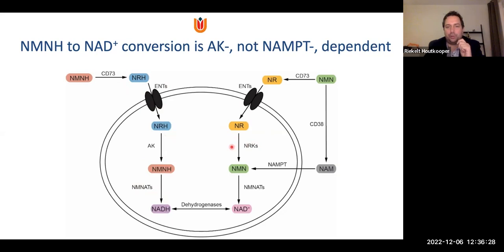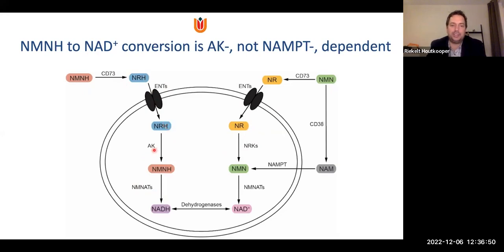But the difference is mainly here. NMN, the classical one, is converted to nicotinamide riboside, and then it's the nicotinamide riboside kinases that convert it back to NMN intracellularly. But NMNH is converted to NRH, which is then imported into the cell.